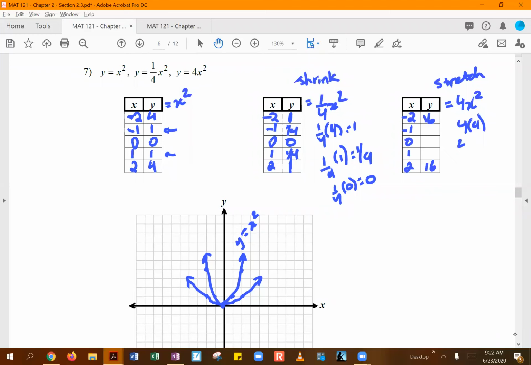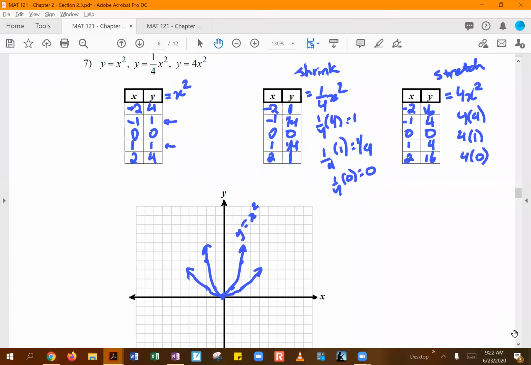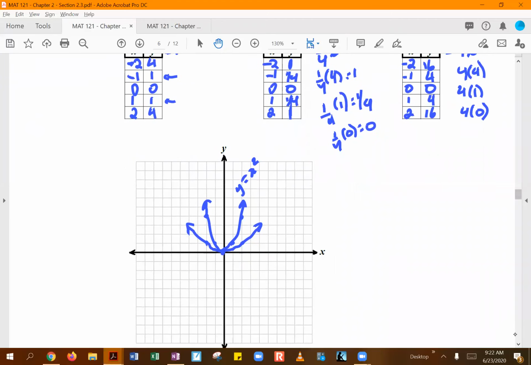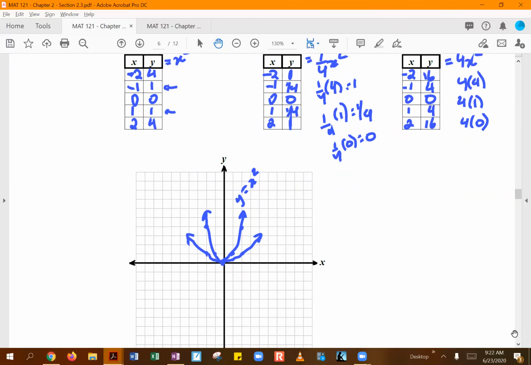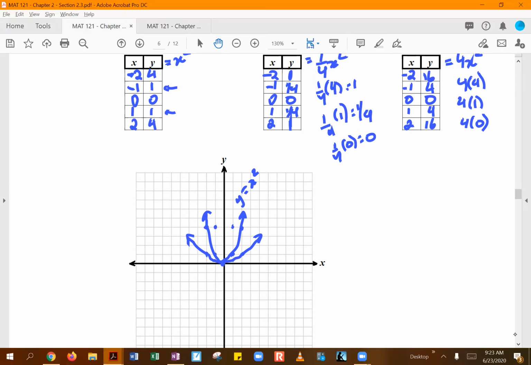When I multiply 4 with 1, of course 4 times 1 is 4. So that will be for -1 and +1. 4 times 0, of course, is still going to be 0. So now what's happening, we're still at this origin 0, 0, but at +1 and -1, we are at 4, and then +2, -2 is 16, so I won't be able to graph those.